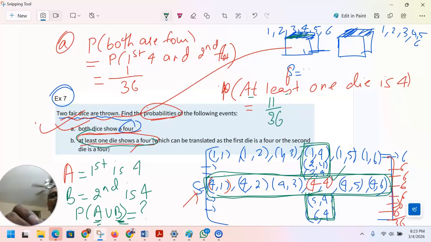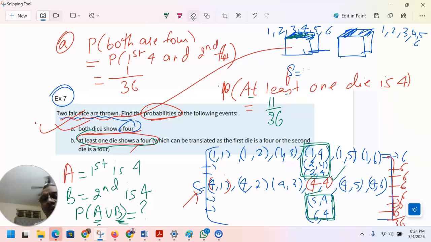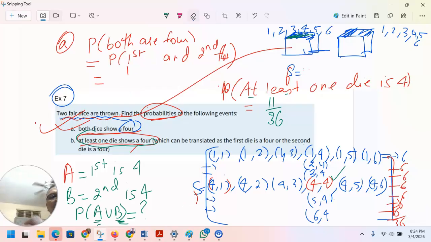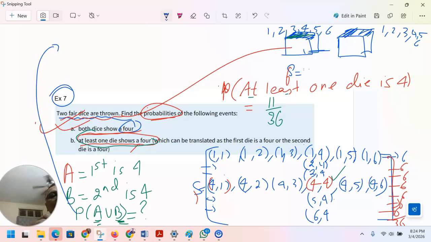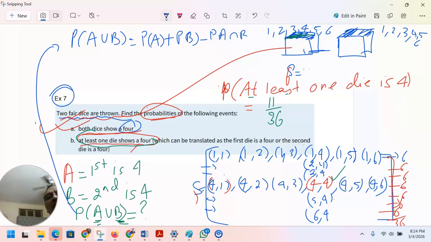And another approach would be we will use the addition rule of probability. And what is the addition rule of probability? So let me write this right here. The addition rule of probability says probability of A union B is probability of A plus probability of B minus probability of A and B. See?